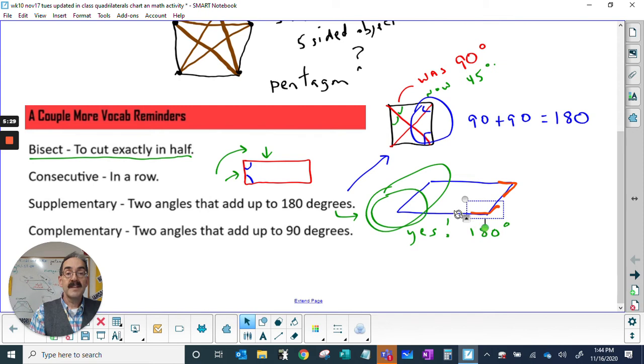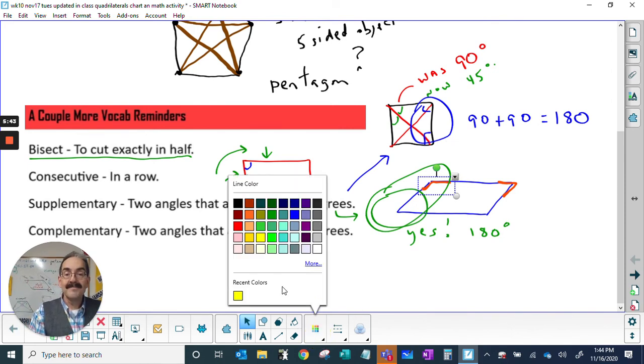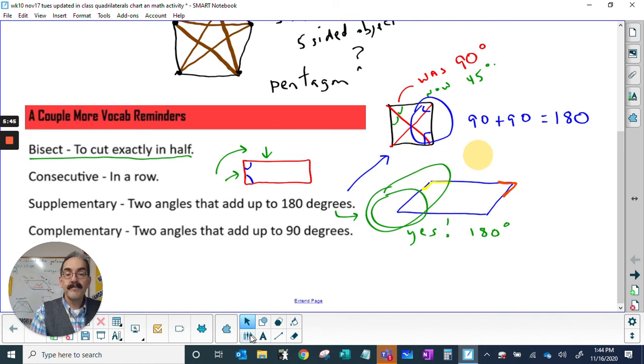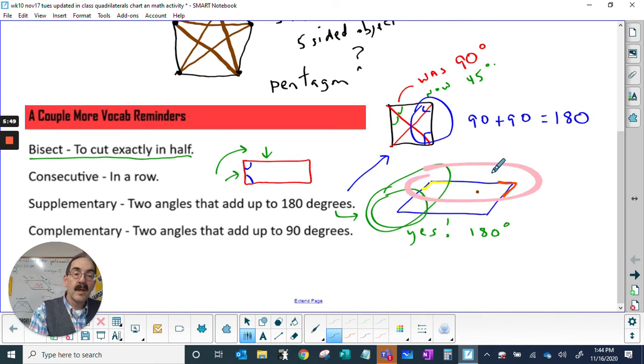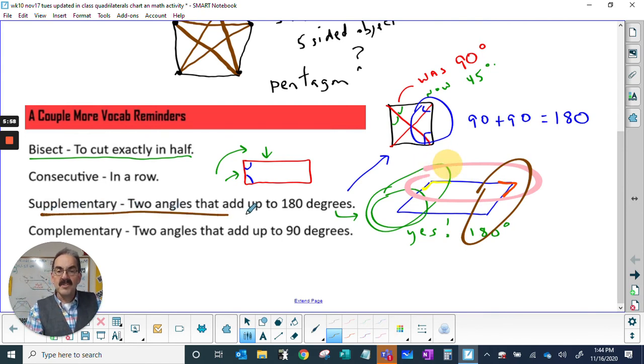What if I take this guy and I bring him back here? You see it? Isn't that cool? 180 degrees. So consecutive angles, two angles that add up to 180.